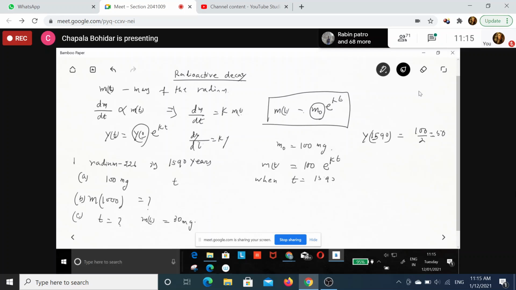Initially it is 100, and at this time it is half-life, so it is 50. So this 50 is equal to M of this value. What do we write down? According to our formula, 100 e to the power k, then t is 1590.